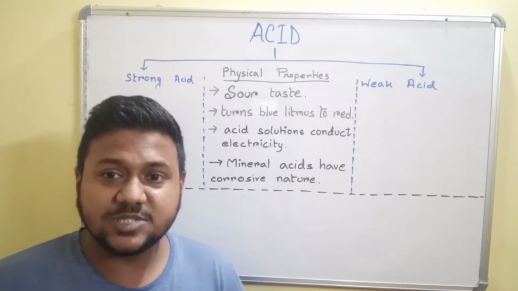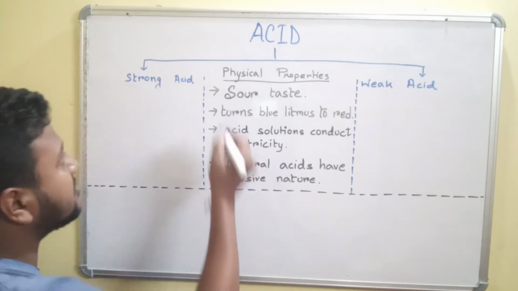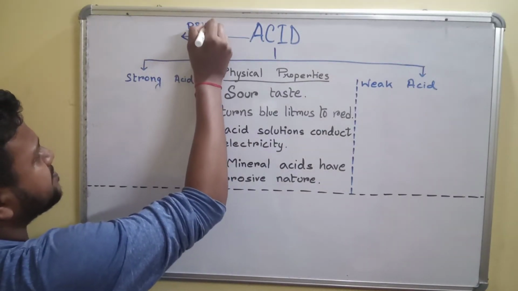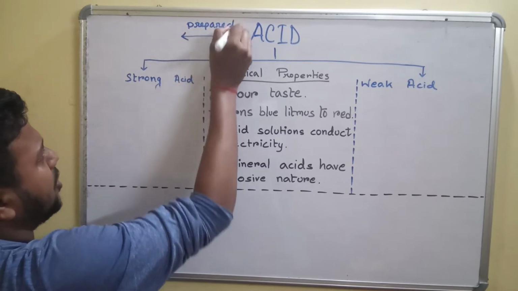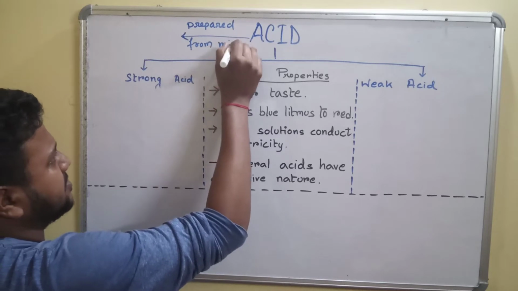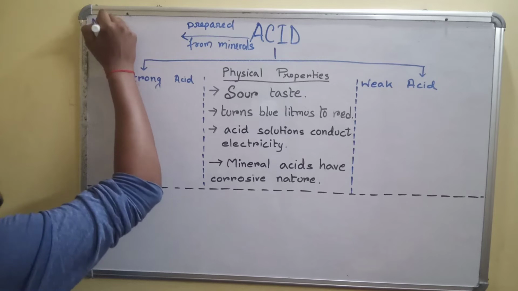So this preparation of acid from the minerals is called mineral acids. What are mineral acids? The acids that are prepared from minerals are called mineral acids.